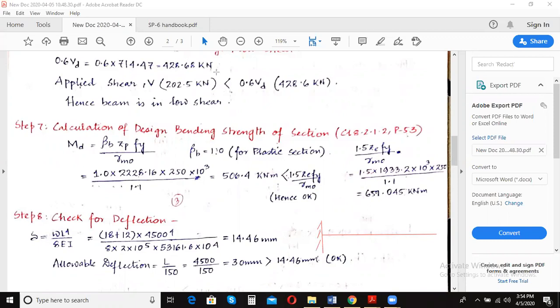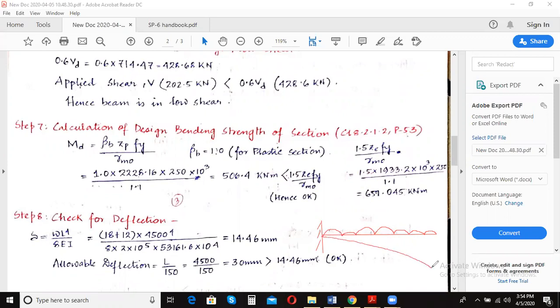And it was having UDL. Forgive my drawing, it's very bad. Okay, what would be my maximum deflection? My maximum deflection would be occurring at the free end.